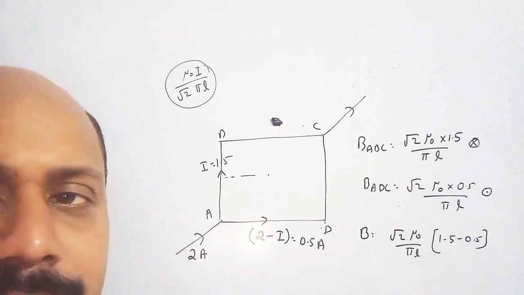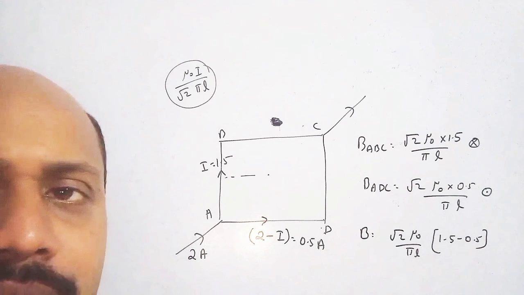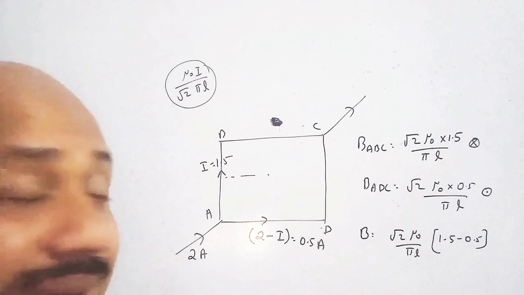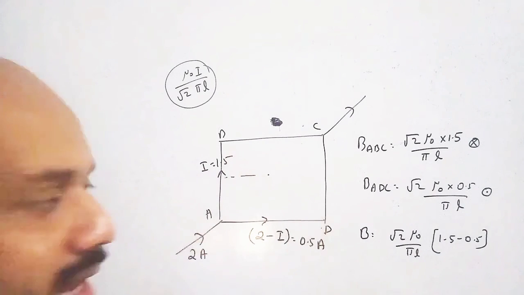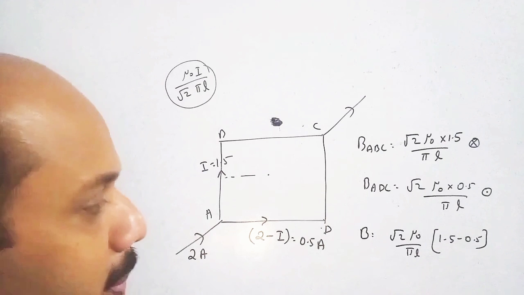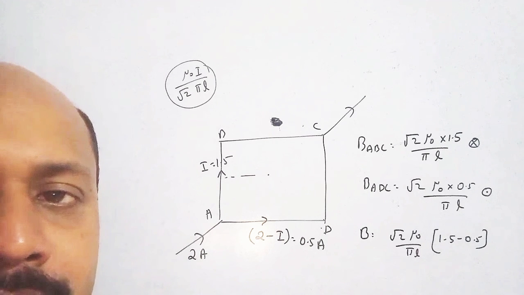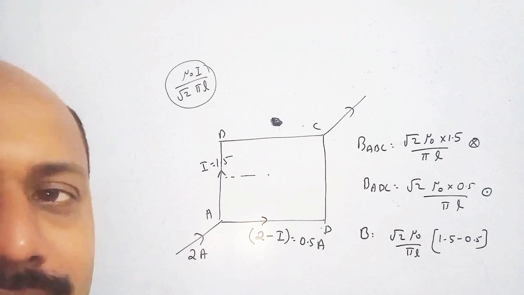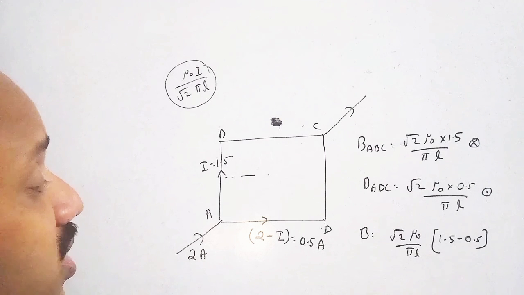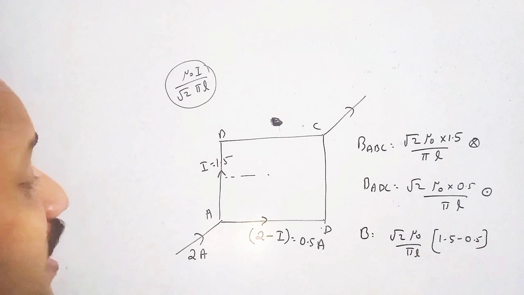Instead of L, the figure shows a square loop with side length A. Instead of L, they took it as A, right? Then it is root 2 mu 0 by pi A. Now one mistake we did. It is not 2 ampere. The current is 20 ampere.